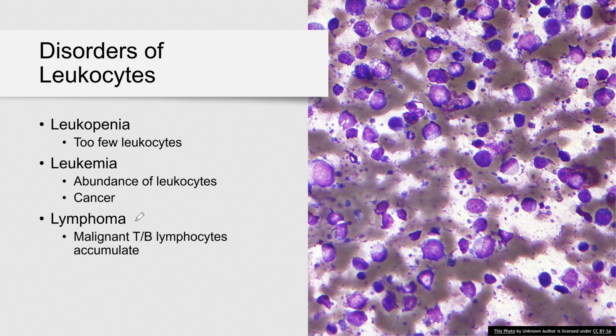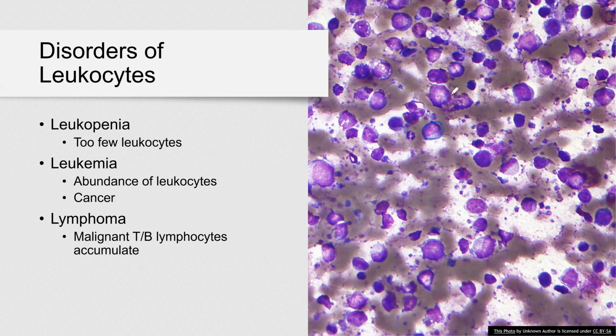And lymphoma is a malignant tumor. So it's a malignant T or B lymphocyte accumulation, right? You can see lymphoma right there, because the cells do not look normal.